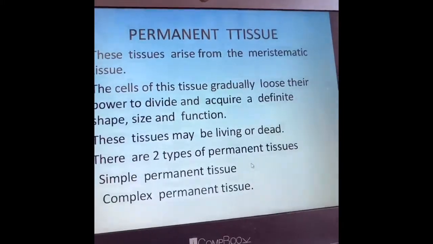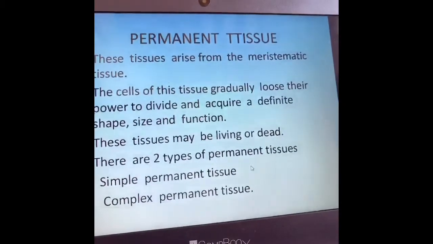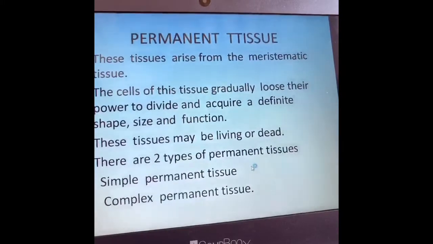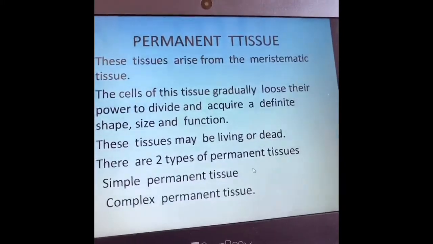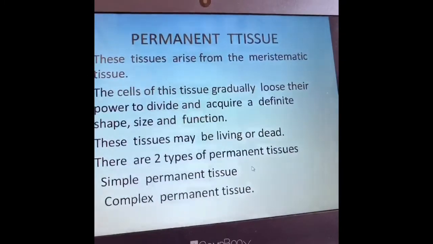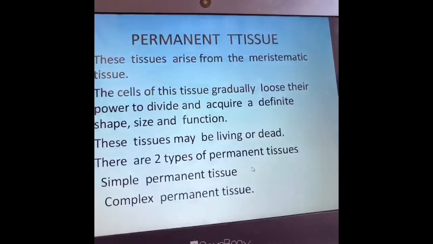Now which cell will form the covering of the stem or the inner part of the stem or the part of the stem that would conduct water or would give rise to a leaf is not known. The permanent tissues decide which type of cells they would form.